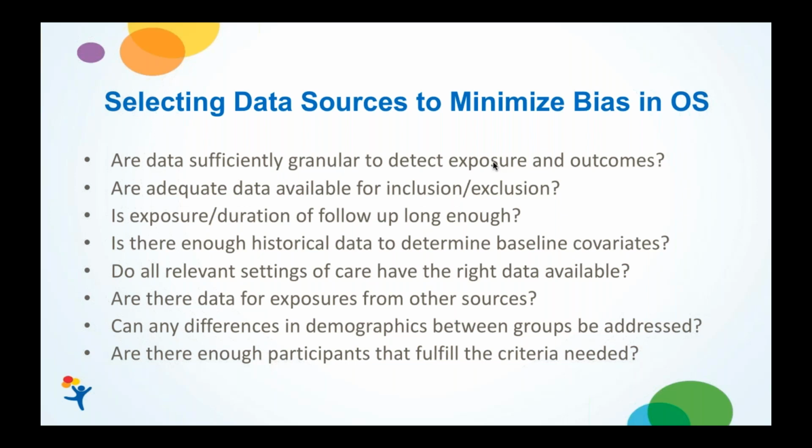Can you actually identify that and feel confident about those data so that you can look at comparisons between groups? And then of course your sample size. Once you get down to all of the other questions being answered, do you end up with enough people to fulfill the study population and to be able to do your analysis?